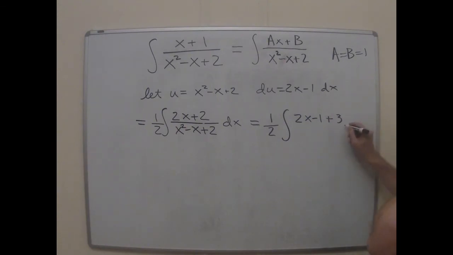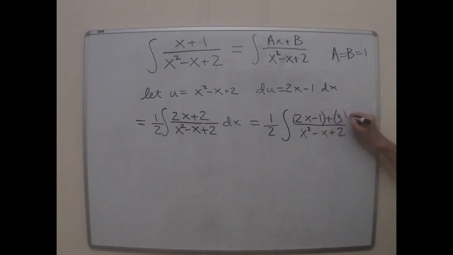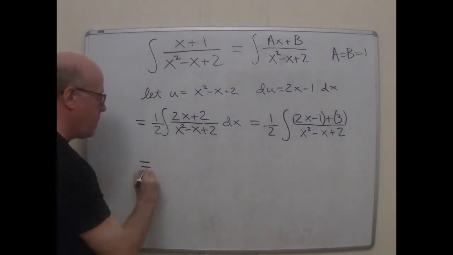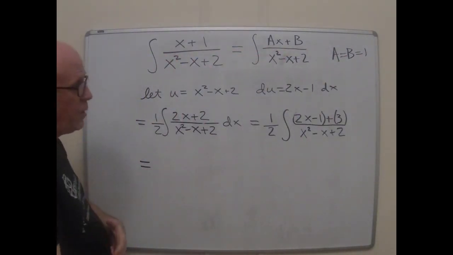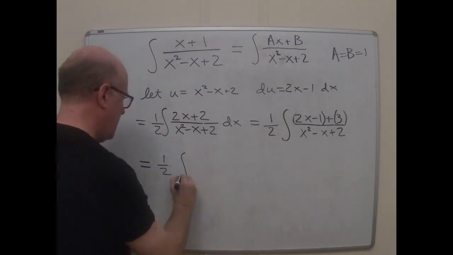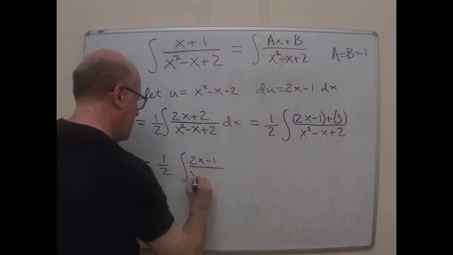Right? All over x squared minus x plus 2. Think of this as maybe I should write some parentheses to group things. All right, so what we've got now is something that can be split apart, and you get two integrals out of this. Let me split it apart and also distribute the integration. So it'll be 1/2 times the integral of 2x minus 1 over our irreducible quadratic.